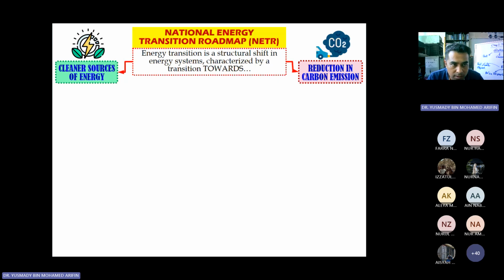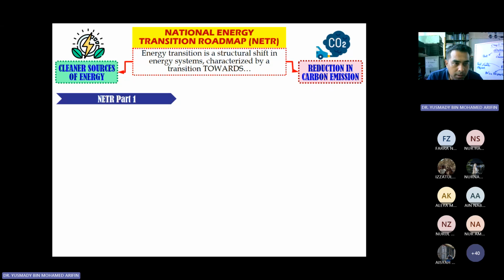There are 2 strategies. First, get cleaner sources of energy, for example renewable energy, biofuel, especially hydrogen and so on. Second, if we use the typical sources of energy, we want to reduce the carbon emissions released to the surroundings. These are the 2 aims of this roadmap in order to implement the national energy policies.